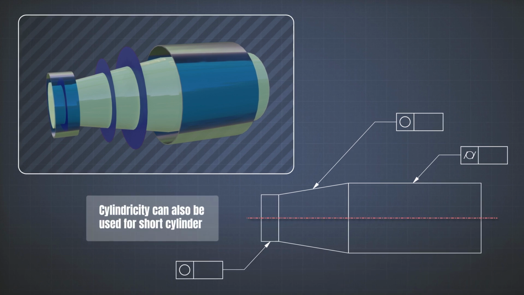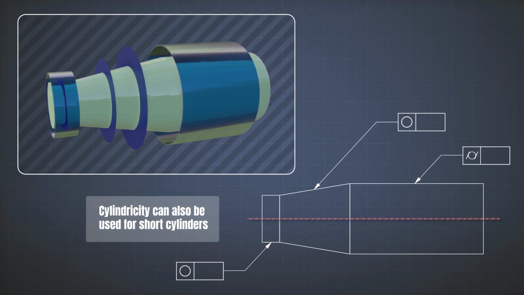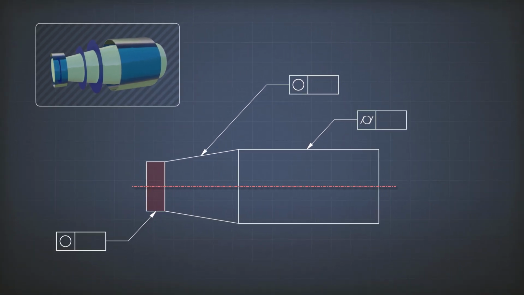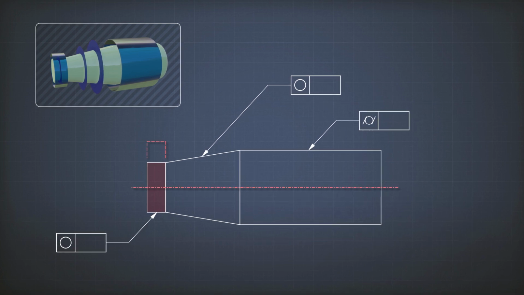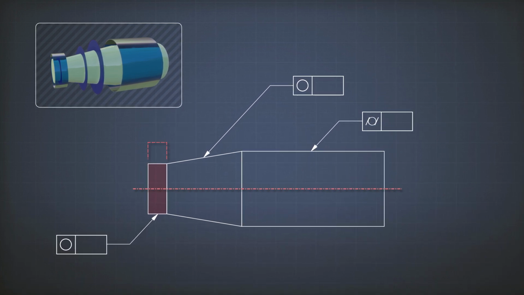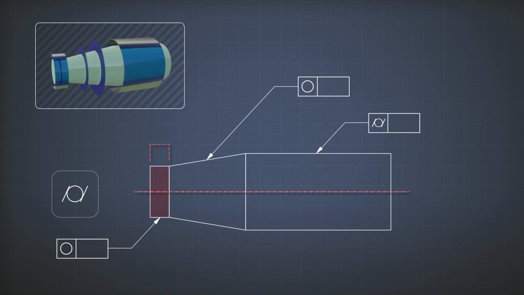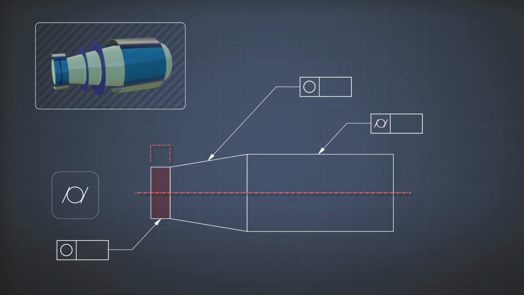Of course, you can use the cylindricity tolerance for the short cylinder, but it just does not make sense in reality, because the element is just too small that it cannot even deviate in such a short length, and there is not enough length to measure different cross-sections. But as I said, theoretically, you could also here use the cylindricity tolerance.